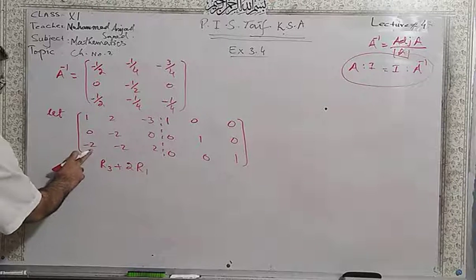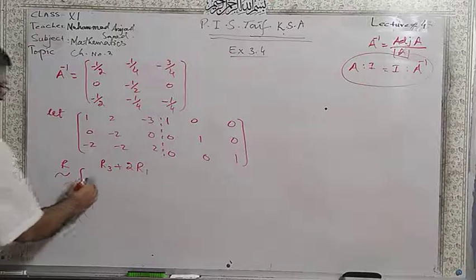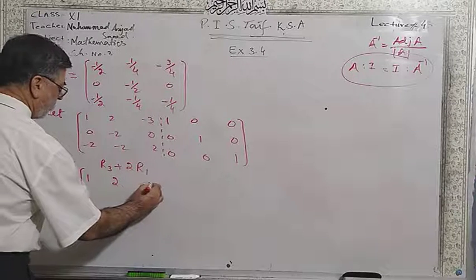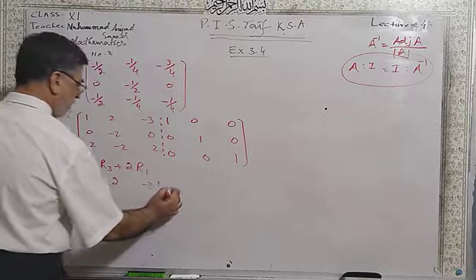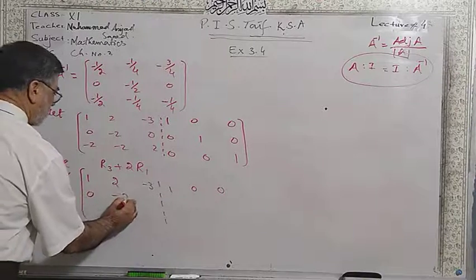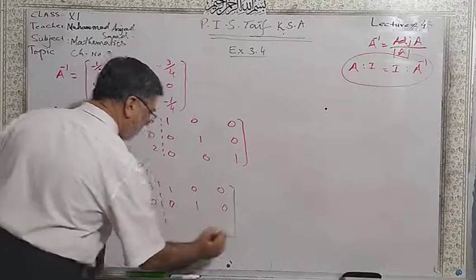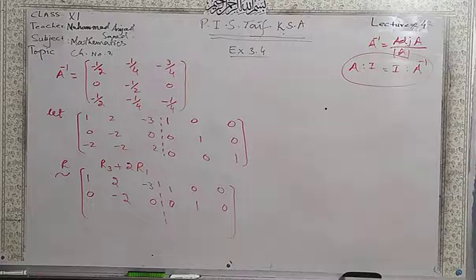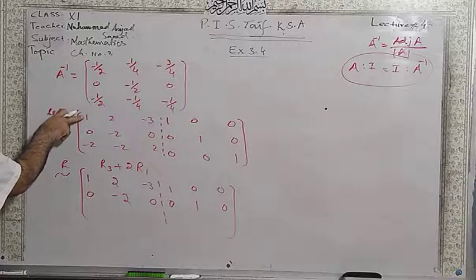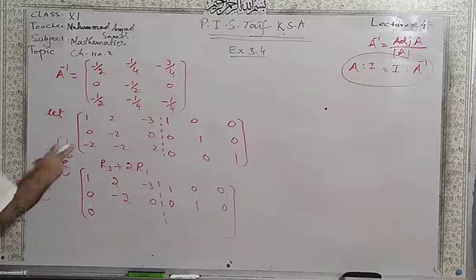So R3 plus 2R1, and we will get 1, 2, minus 3, 1, 0, 0, 0, minus 2, 0, 0, 1, 0. There will be no change in R1 and R2. So multiply this 1 by 2 and add here, it is 0.